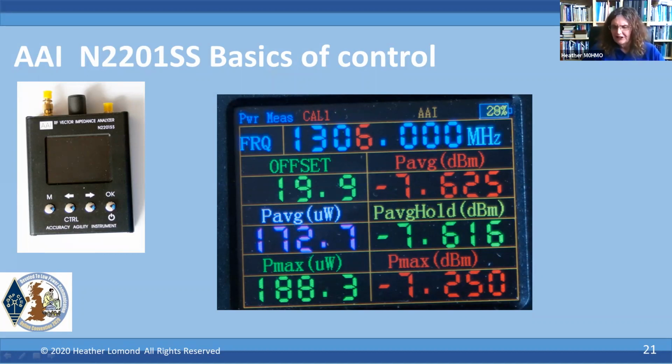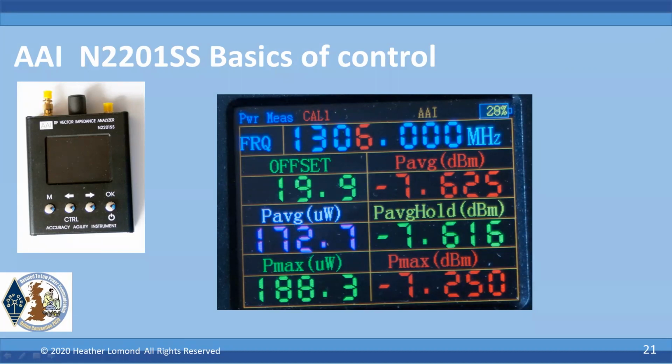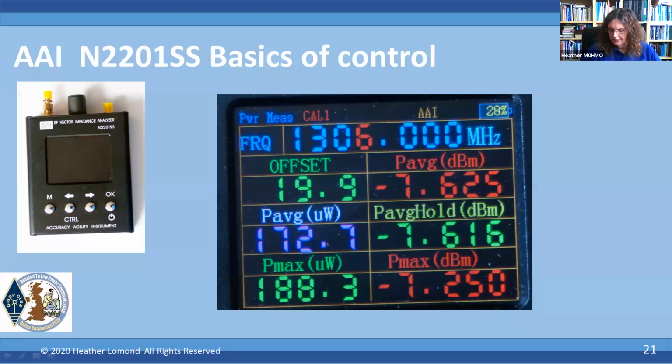It is a little bit outdated now compared to the NanoVNAs and the AAIs, but it did a good job. I used it for the first build-a-thon we did for the power meter, Steve. So all the measurements we did on the power meter were done on one of these.